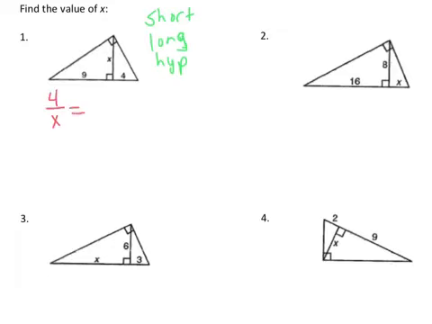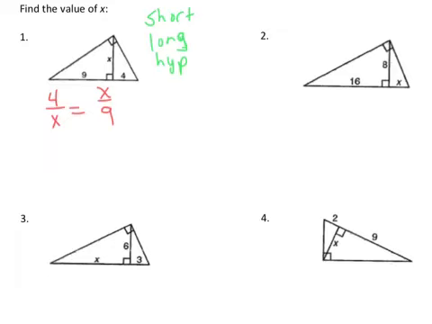Then if you look at the medium triangle, I have the same thing. I have short over long. So this is x over 9. So let me show you again. When I set up the ratio, I have two triangles. I'm looking at the small and the medium. So if I look at the small, I have short over long and short over long for the medium.